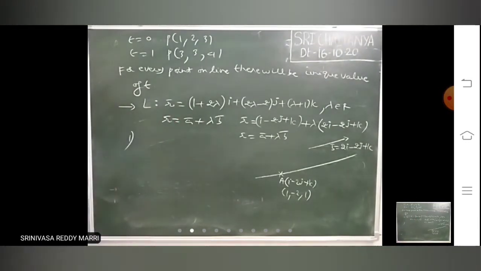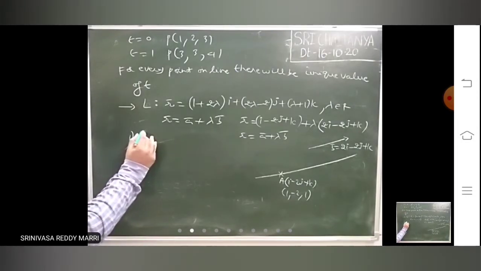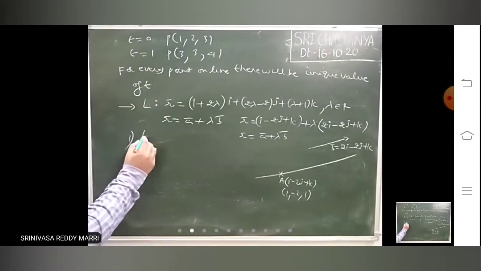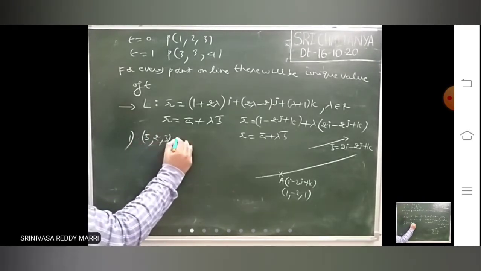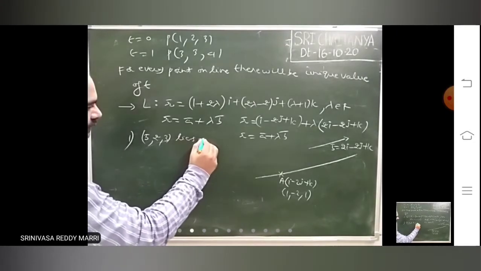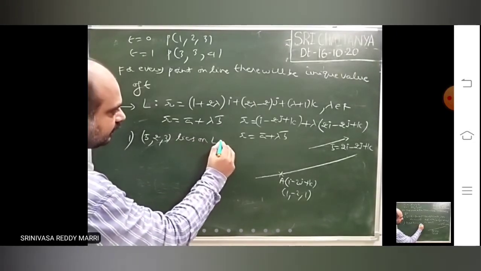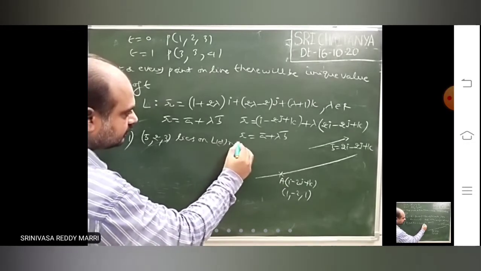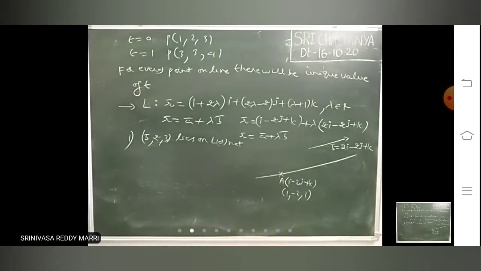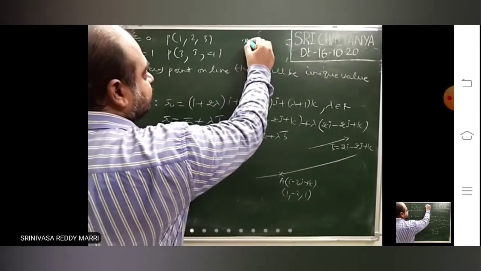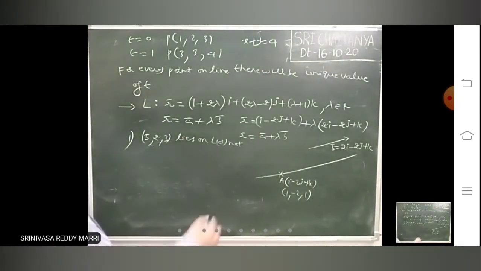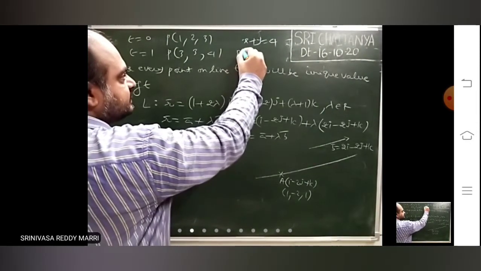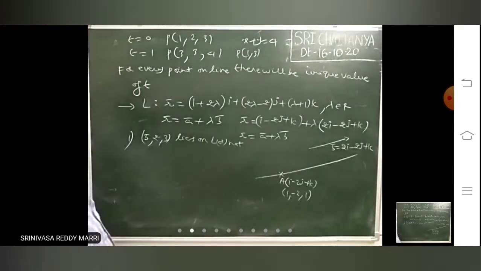Now this line is given. Number 1: suppose I have given one point, (5, 2, 3). Does it lie on L or not? Look at, suppose in Cartesian form there is a line in the xy plane, like a straight line. Suppose I ask whether the point P(1, 3) lies on the line.